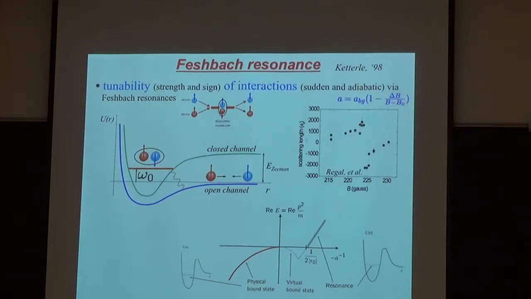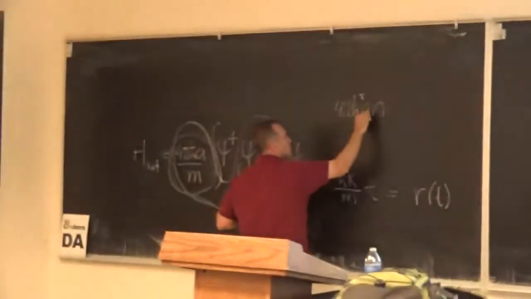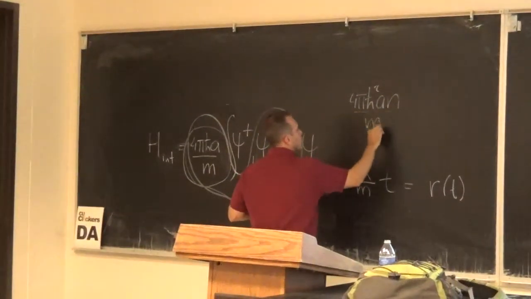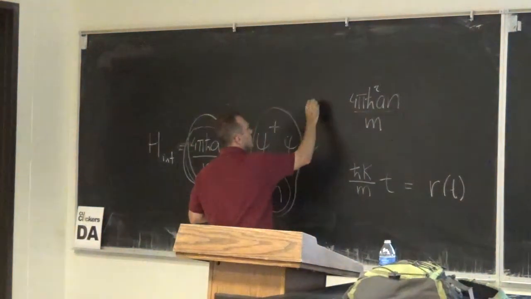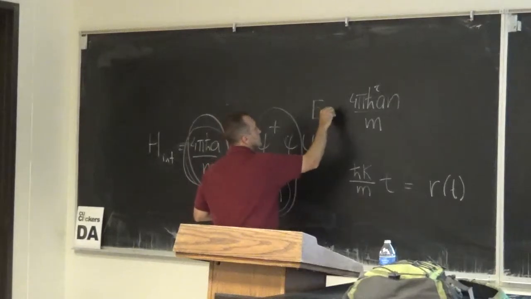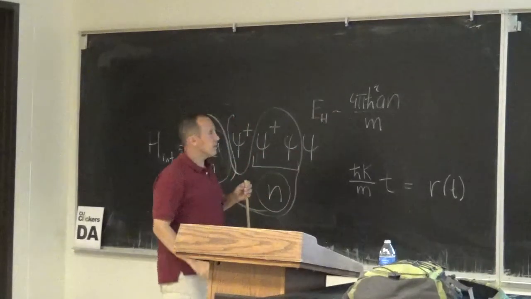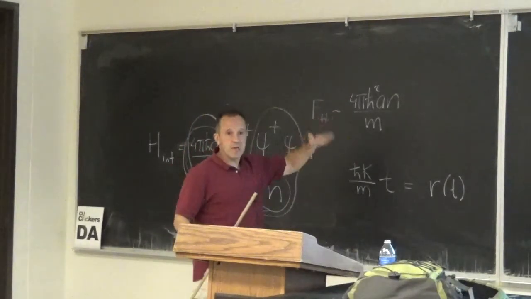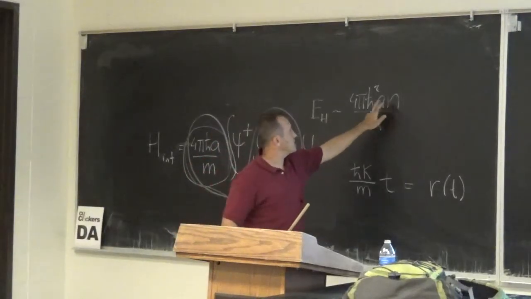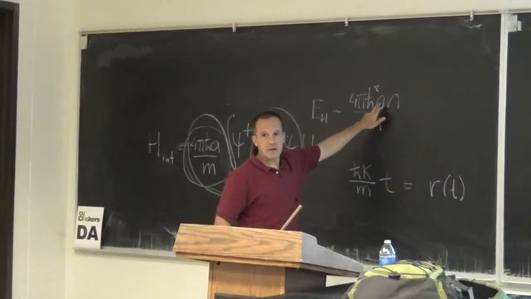So you have a Hartree shift, which is the density times 4 pi h bar squared A divided by M. So this is the Hartree shift. And they simply see how their levels move around for fixed density as a function of A. And from that they can map out A.